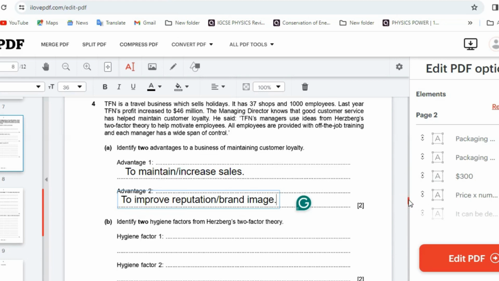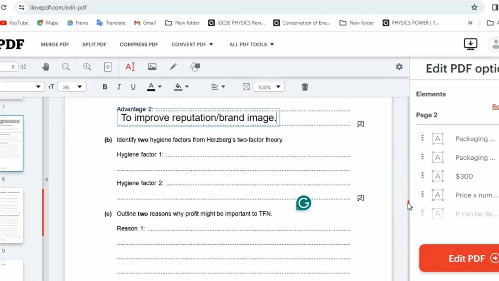Now let us move to the next question, which is question 4B. Identify two hygiene factors from Herzberg's two-factor theory. Can you mention that? Of course, the first one is the working condition or working environment.